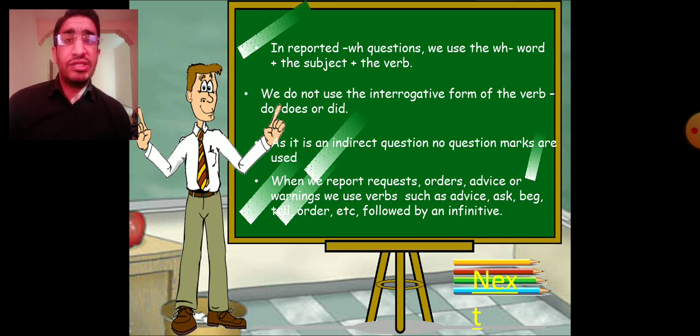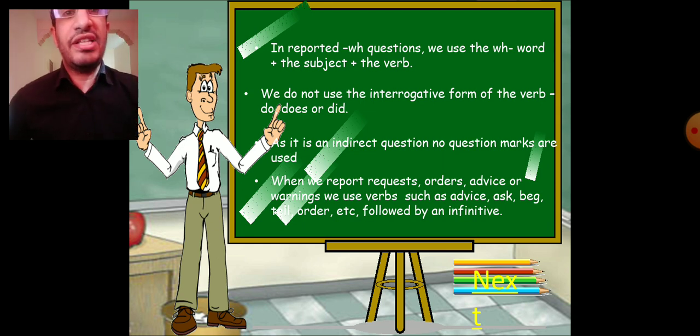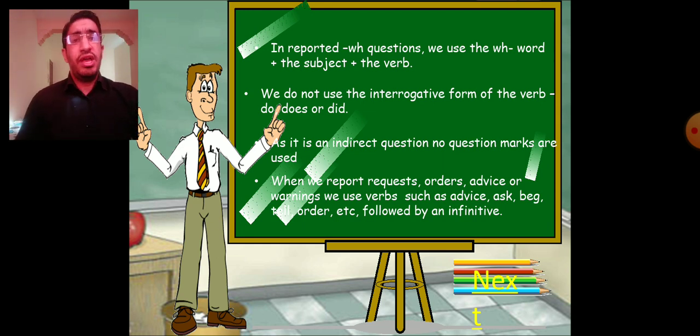These verbs normally are followed by the infinitive. All right, and of course we are going to clarify more within the exercise section. All right, good.